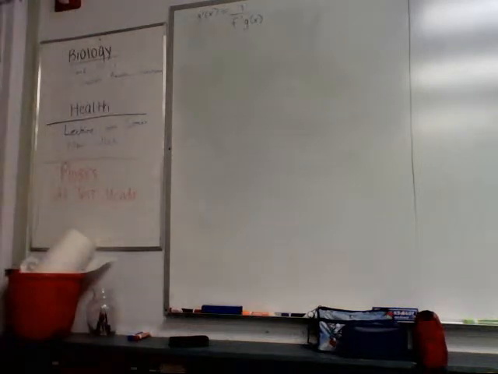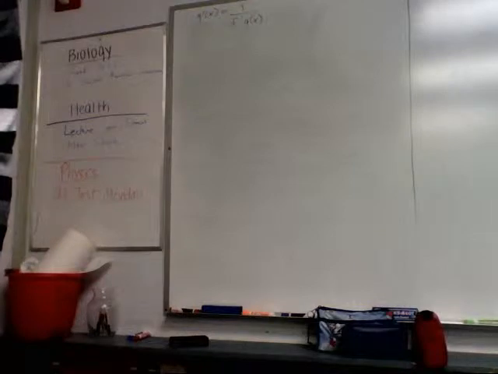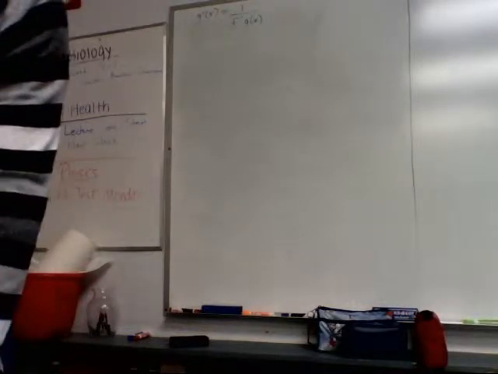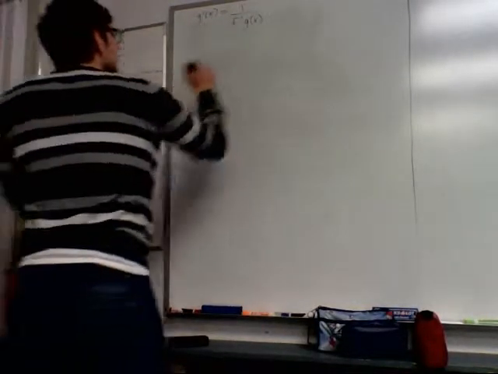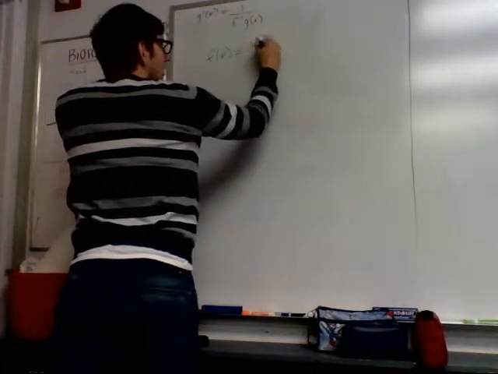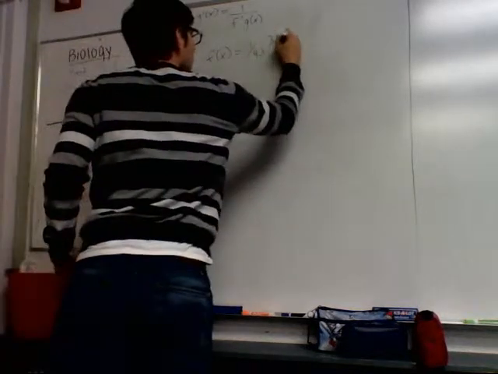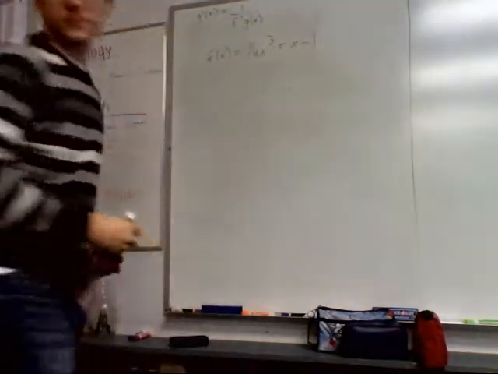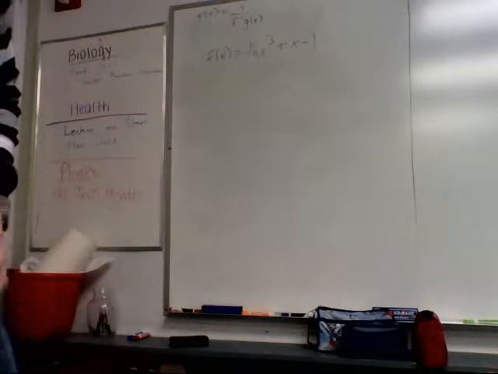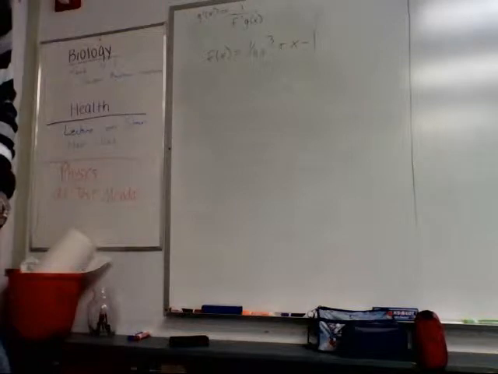So last thing I think I want to go over here, evaluating the derivative of an inverse function. If f of x equals 1 over 4x to the third plus x minus 1, they ask what is the value of f inverse of x when x is equal to 3.